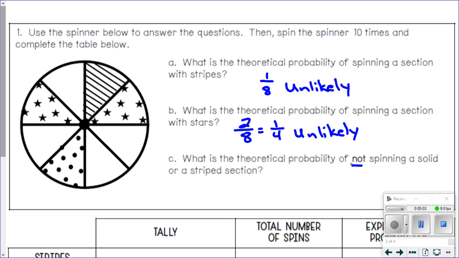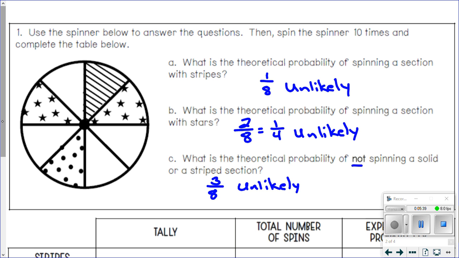But it's asking what's the probability of not getting those. So what I should have said, I wasn't thinking straight, sorry. What I should have said was how many sections are not solid or striped. So that would be 1, 2, 3. So there are 3 out of 8 that are not solid or striped, and then 5 out of 8 that are solid or striped. And again, 3/8 is less than a half, so that would be unlikely.